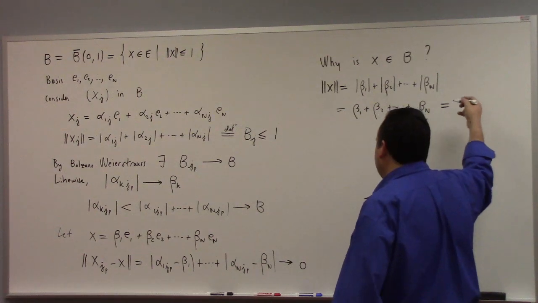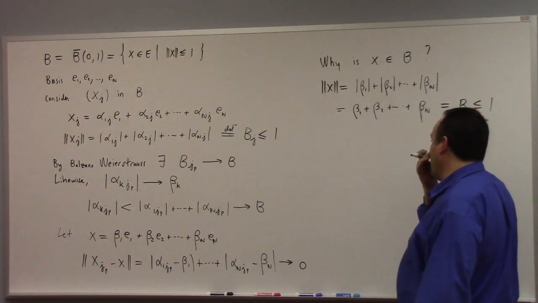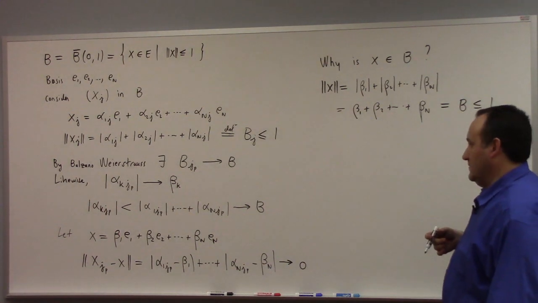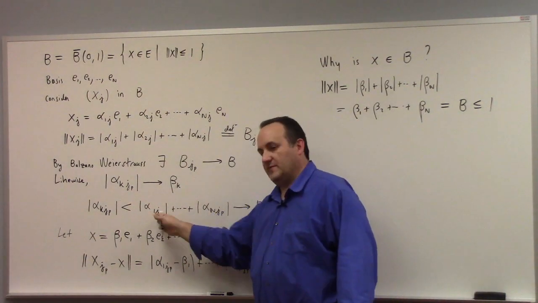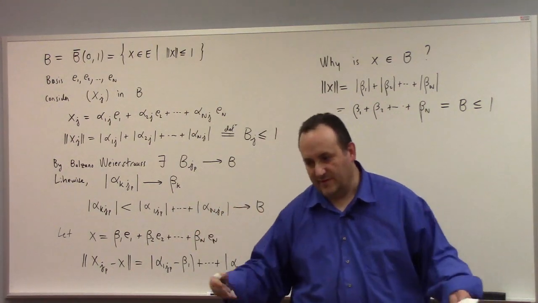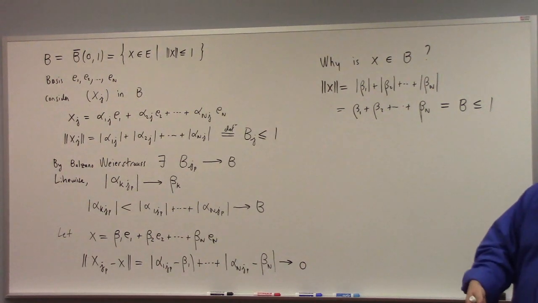I mean, that is going to be b, which is less than or equal to 1. Because if you add together all the betas, that's just adding together the absolute values of all the component subsequences, whose sum is by definition the b_j, which we have pointed out by the initial application of Bolzano-Weierstrass.